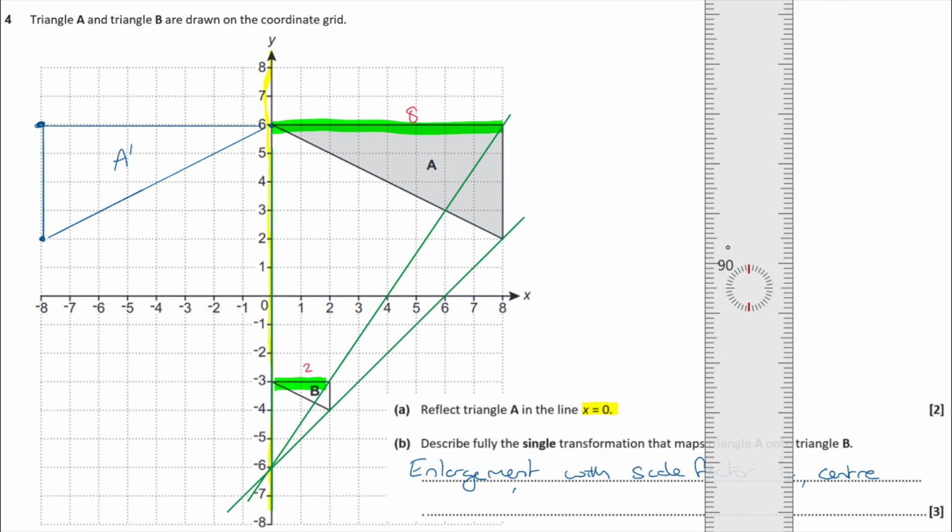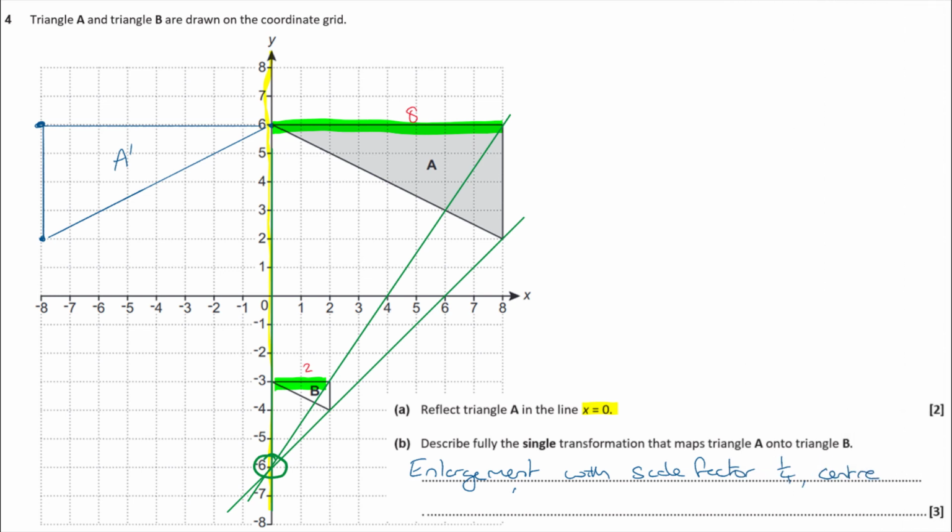And anyway, you can see all of these lines converge on this point here, which is 0, -6. So that is going to be the center of enlargement, at 0, -6. Note this is a 3-mark question, and you get 3 marks, 1 for enlargement, 1 for the scale factor, 1 for the center. So make sure you get all those 3 bits written down.